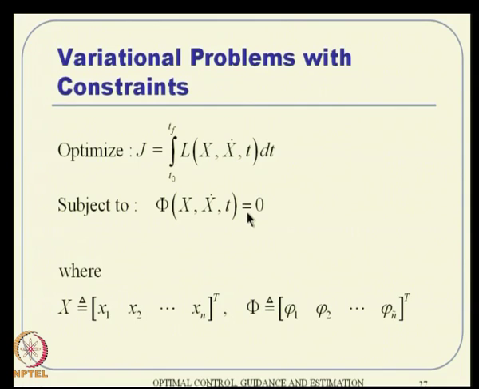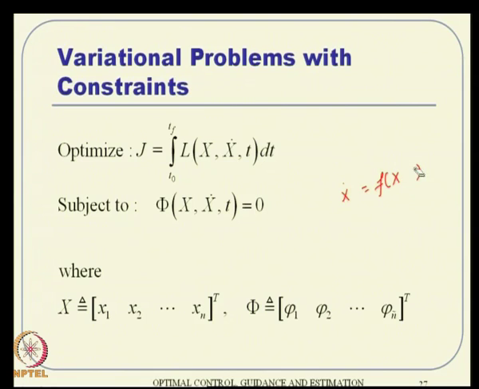And if you notice a little bit carefully, and suppose x is really the state vector of the problem, then this constraint is nothing but a state equation, because normally we have x dot equal to f of x, u sort of thing.